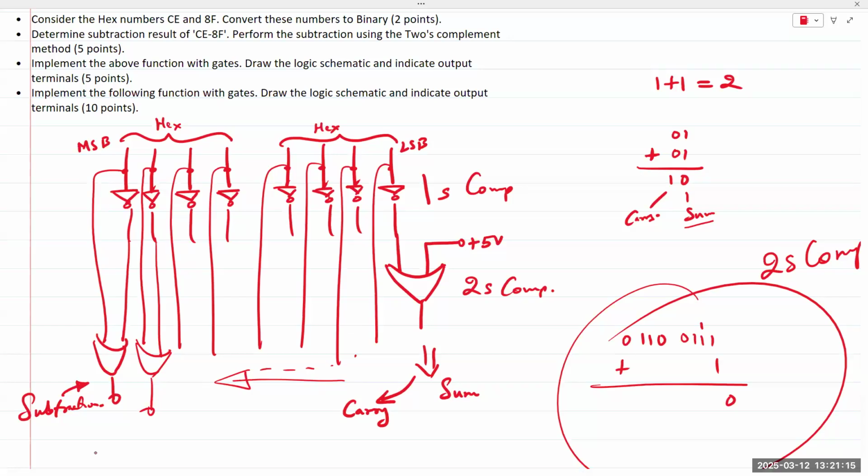So yes, you can do one's complement. One's complement can be done easily. Two's complement would require actually implementing an adder circuit that would carry on. Okay. So those 5 points are part of the problem, but it's going to be extra credit. Obviously, I couldn't state that on the quiz itself.